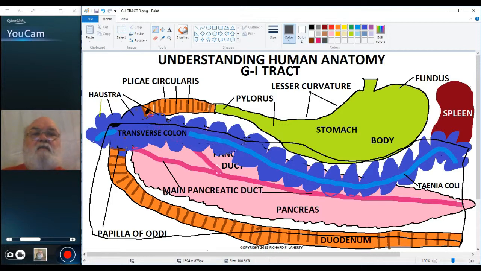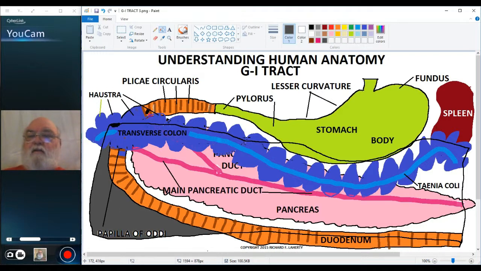And we'll color it in with a gray color.